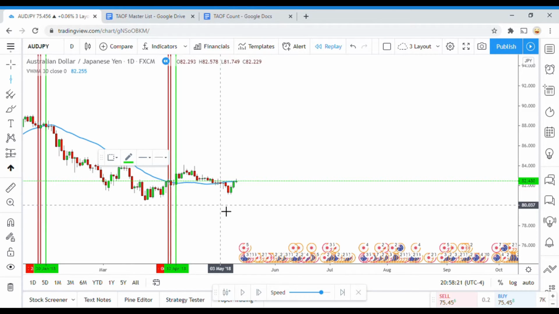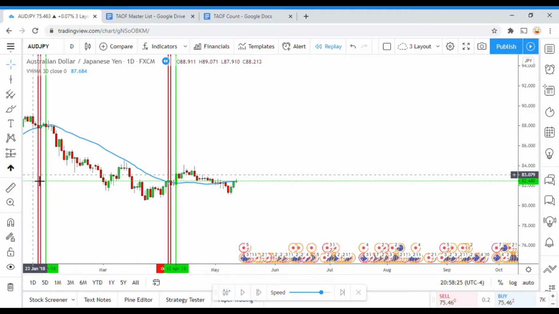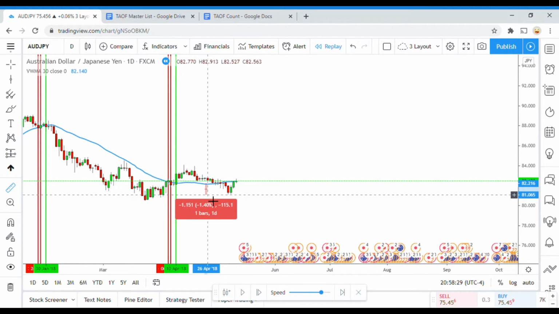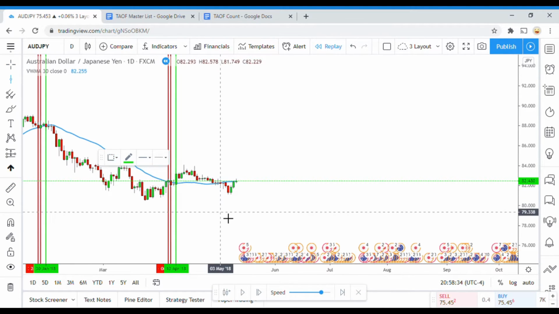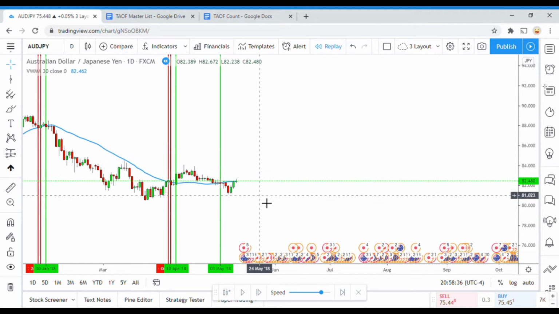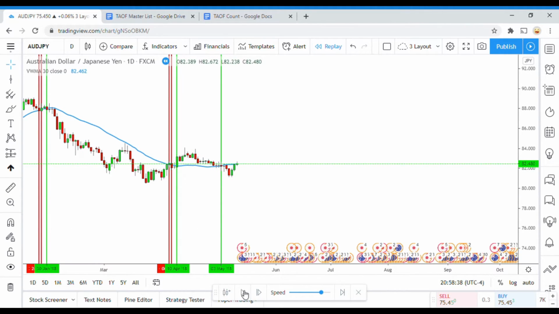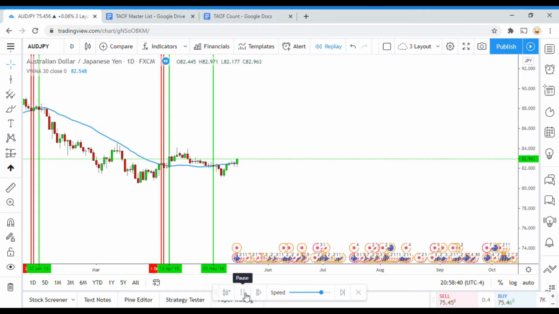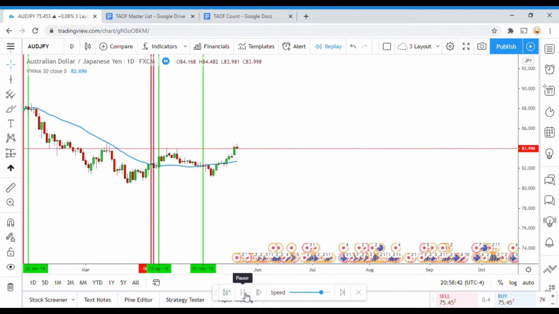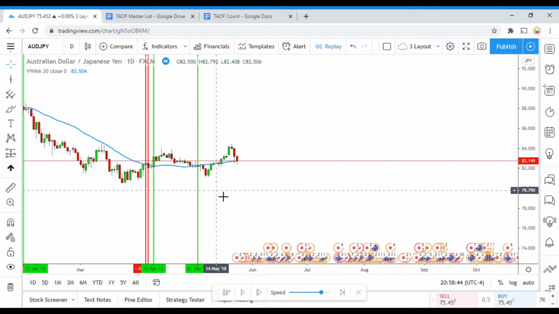And so when you have an indicator that lends itself to so much uncertainty, you will often get a lot of whipsaw in and out of the market.